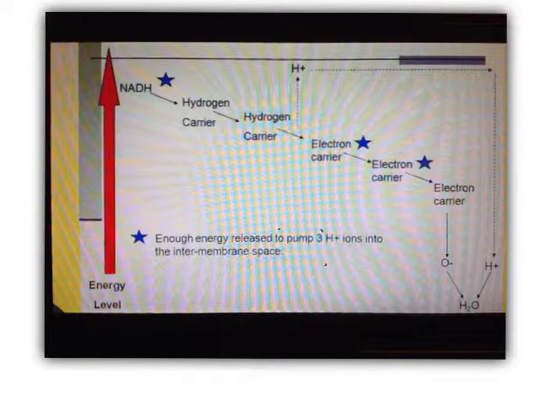There is just one more thing that's just popped into my head. So for each NAD that you've got coming into the electron transport chain, how many ATP can you make? So if that's enough energy to put 3 hydrogen ions into the intermembrane space, you know that 3 hydrogen ions equals 1 ATP. So effectively, for each NAD, you get 1, 2, 3.